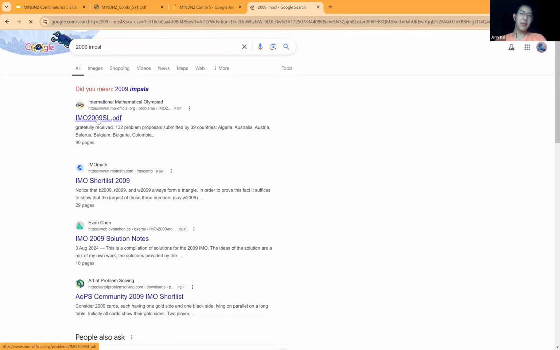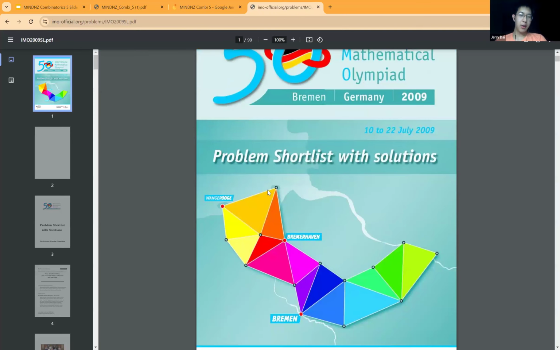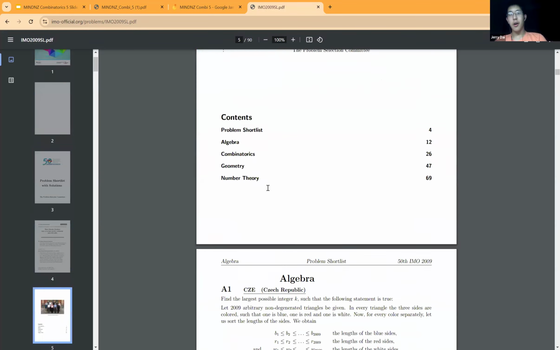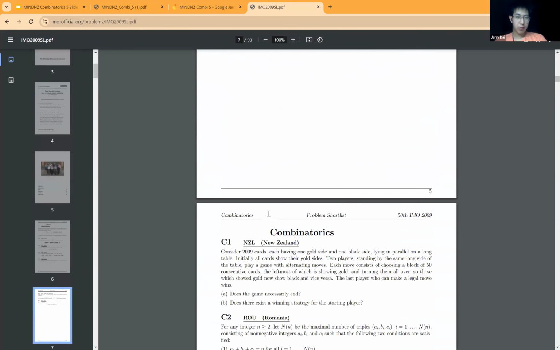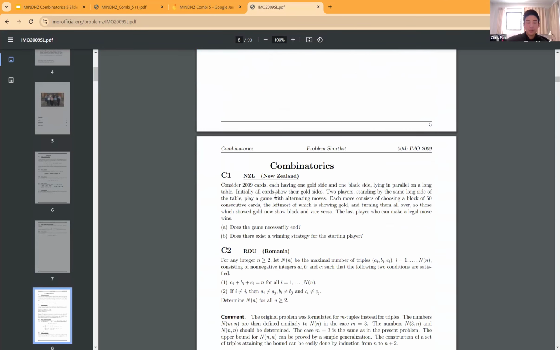So yeah, just a little interesting side note on the origin of this problem. It's from the 2013 IMO shortlist. Well, it's definitely earlier than that. Actually, if you look at the IMO shortlist from 2009, it's a New Zealand proposed problem.